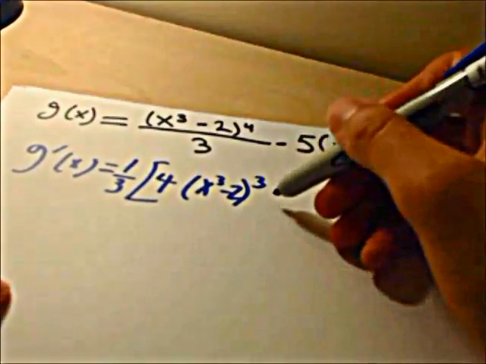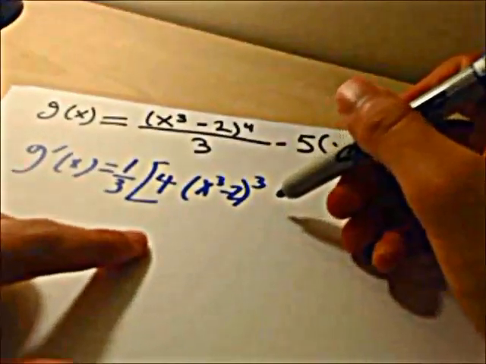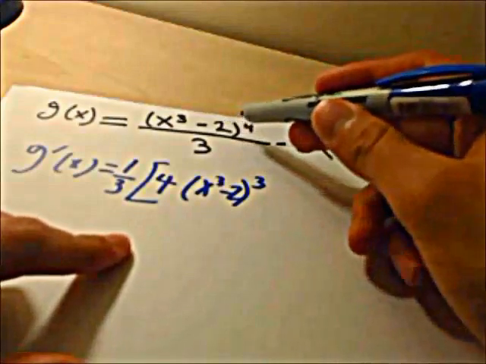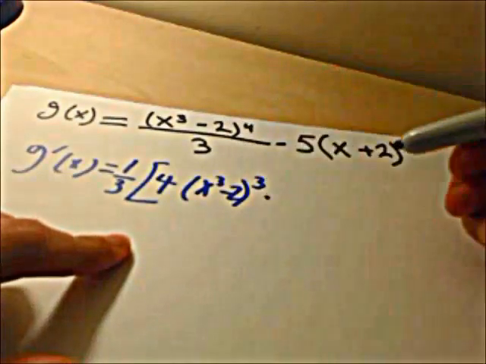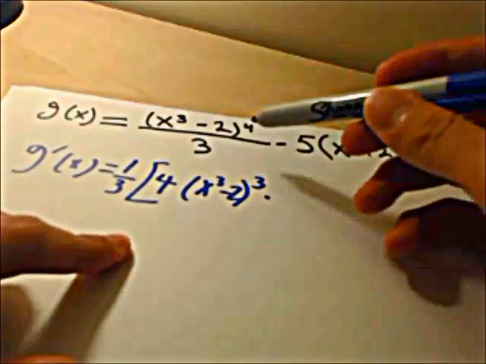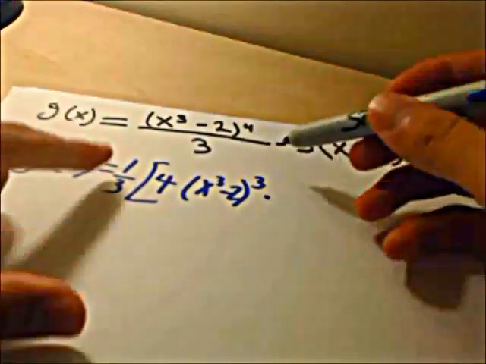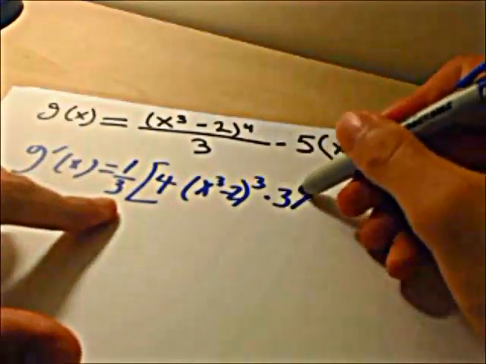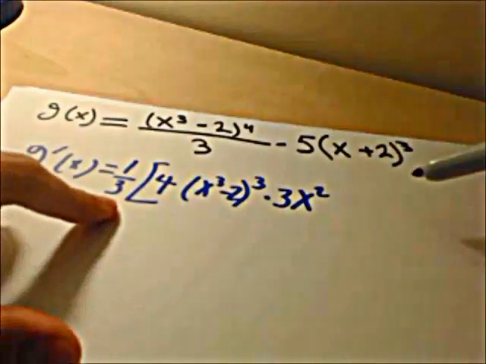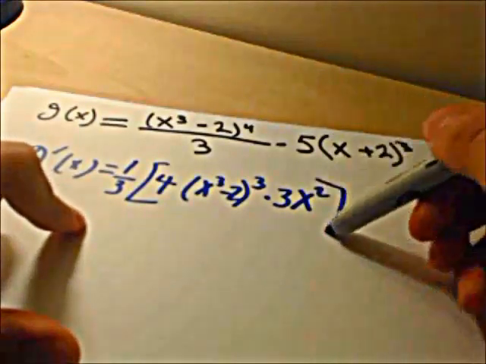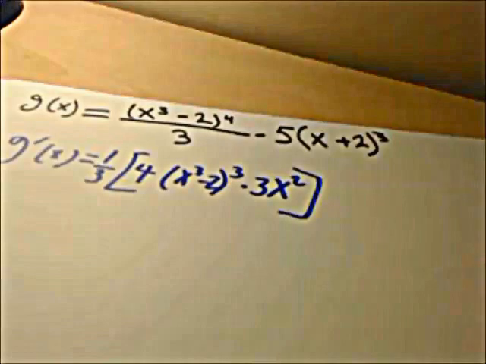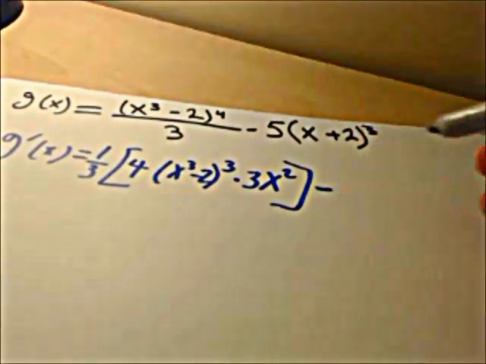And then we use the chain part now, which is the derivative of the inside of the parentheses. So for x cubed minus 2, the derivative would be 3x squared, and the derivative of 2 is just 0. So that's the derivative of the first part, chain rule, the first part, minus.